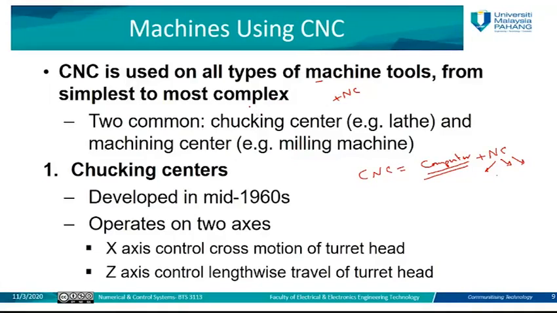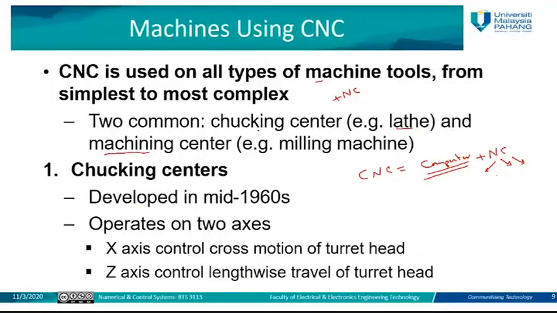This CNC machining center is composed of multiple machines in one machine, controlled by the same computer. There are two common types of these CNC centers: the turning center, for example the lathe machine, and the machining center.